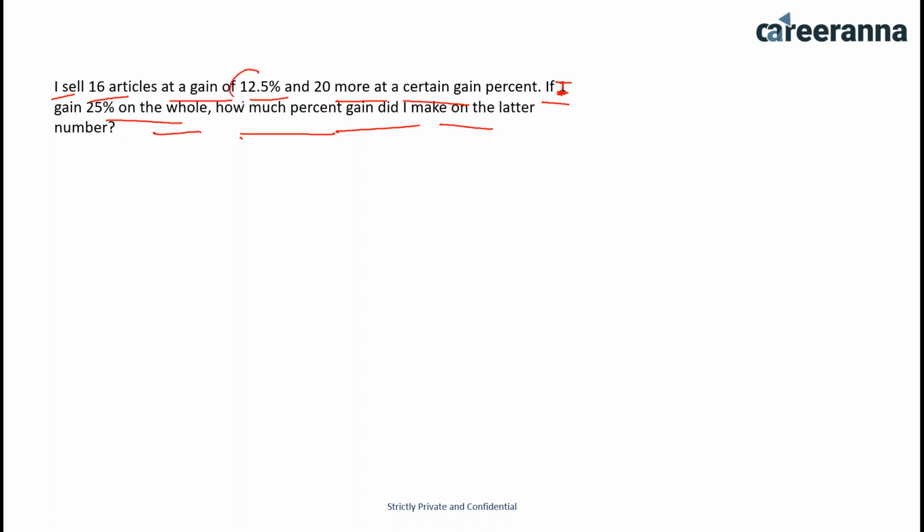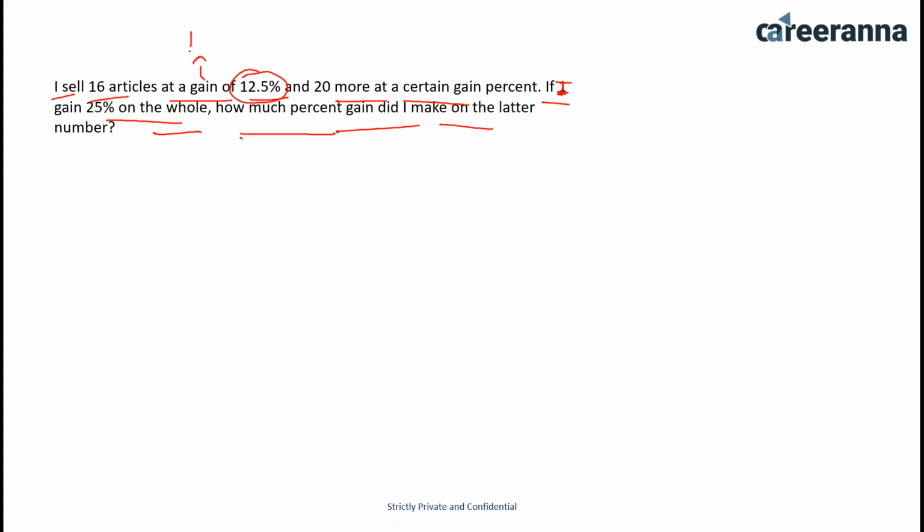So there is a gain of 12.5%. That means profit on 16 articles. 11.04. No, I don't think so. How is it possible? Because it is 12.5 and whole 25%. If you take 11.04, not possible. Let us see. Anyone else? Please be very quick.